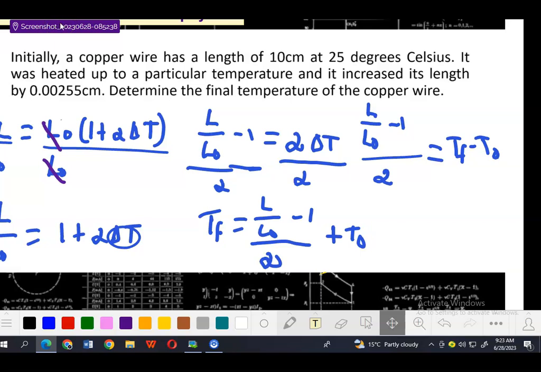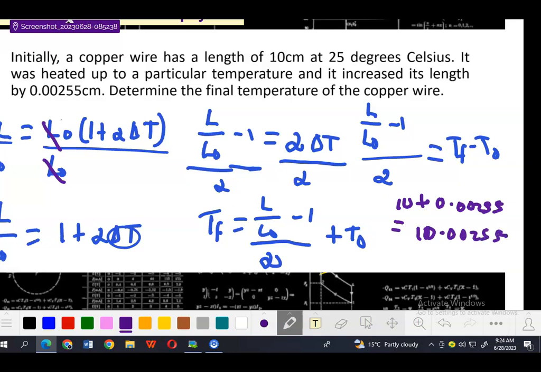So we are going to add the two lengths. When you add the two of them, what you have is 10 plus 0.00255, and you will observe that it is going to be 10.00255 centimeter.